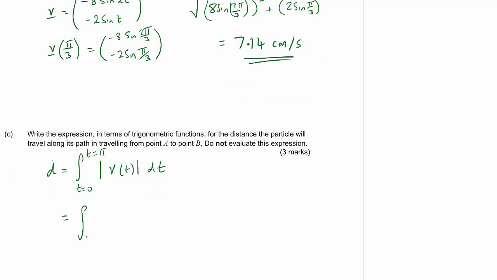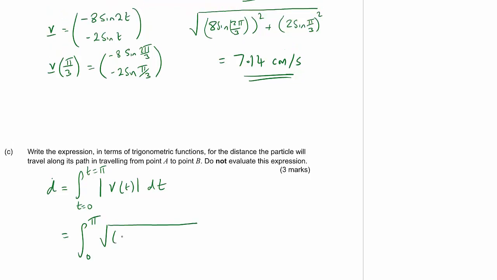So that would be the integral from 0 to pi of the square root of 8 sine 2t squared plus 2 sine t all squared dt.